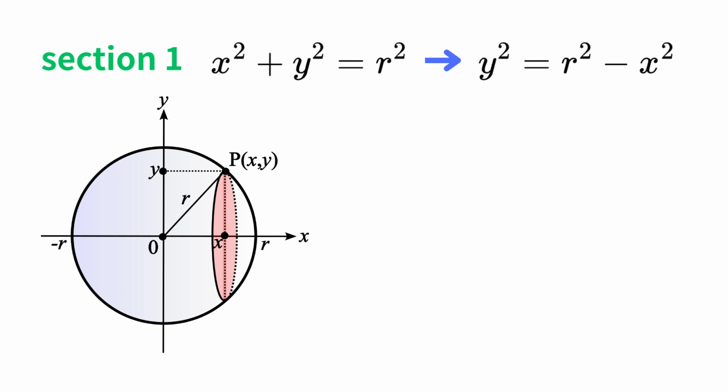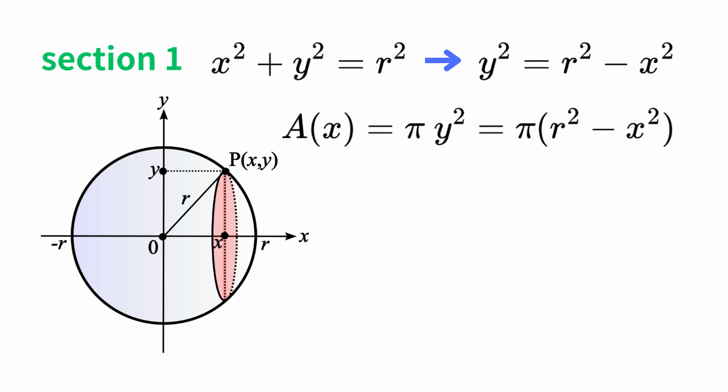Next, let's call the cross-sectional area of the sphere A of x. This area changes depending on the value of x. Since the cross-section is a circle, using x we can write A of x equals pi y squared. And using the earlier equation, we can rewrite it as A of x equals pi times (r squared minus x squared).